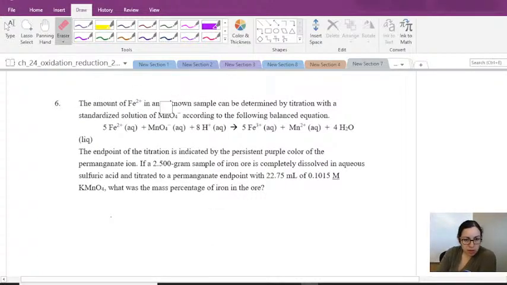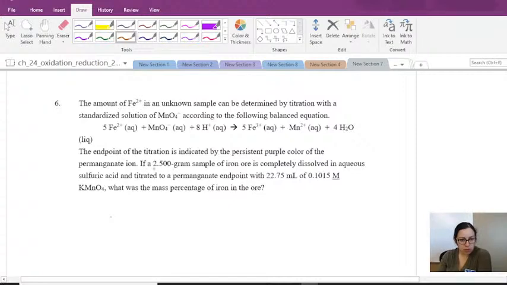So we have the amount of iron 2+ in some unknown sample can be determined by titration with a standard solution of our permanganate according to the following equation. And so the endpoint is indicated by this persistent purple color.